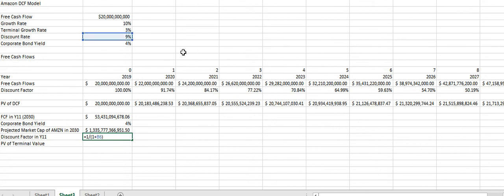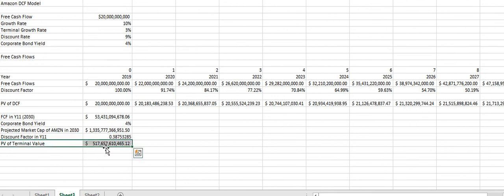And since this is year 11, we're going to make it to the 11th power. So there you go, it's 38%. And then we're going to take that 1.3 trillion and multiply it by the discount factor in year 11. So you get 517 billion.